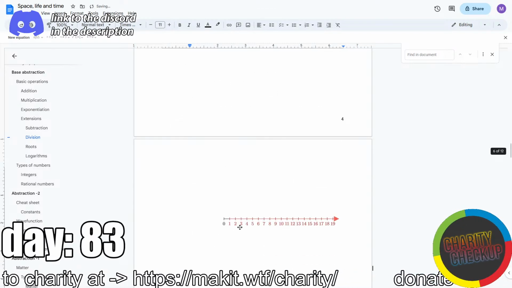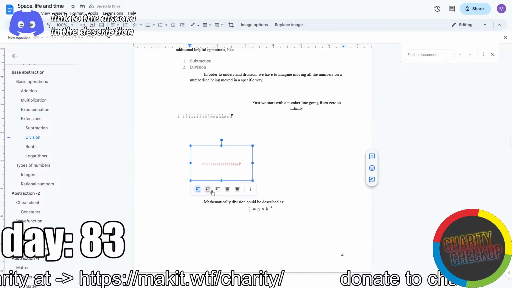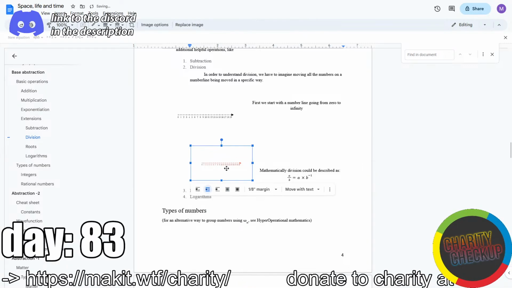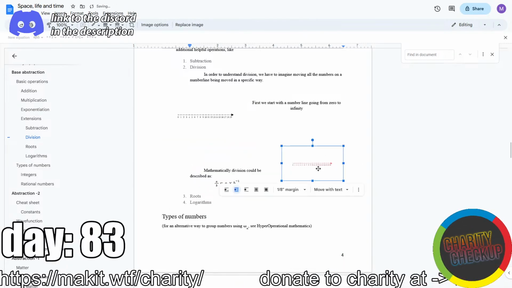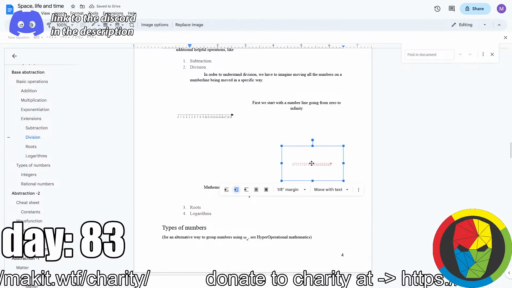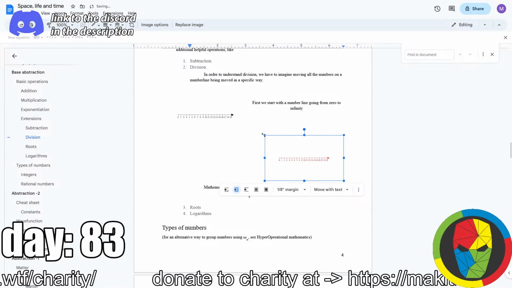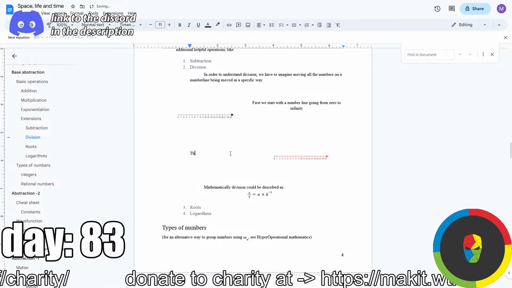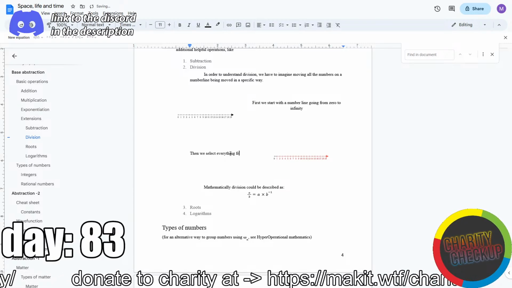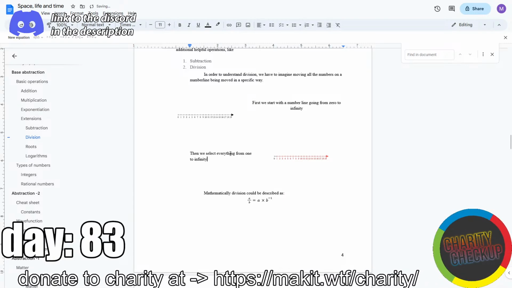Now 2. Once again, unbelievably large, unnecessarily unbelievably large. This. Then we select everything from 1 to infinity.